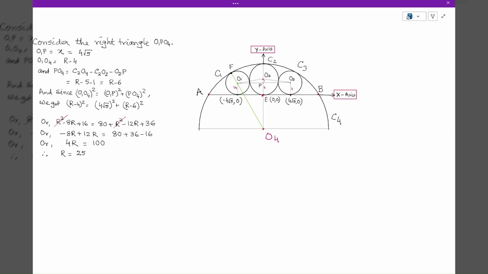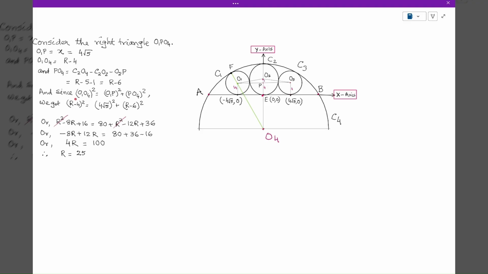What we are doing here is finding the value of PO4, which is this. This is 5, this is 1, and this is R. So it is R minus 5 minus 1, which is R minus 6.